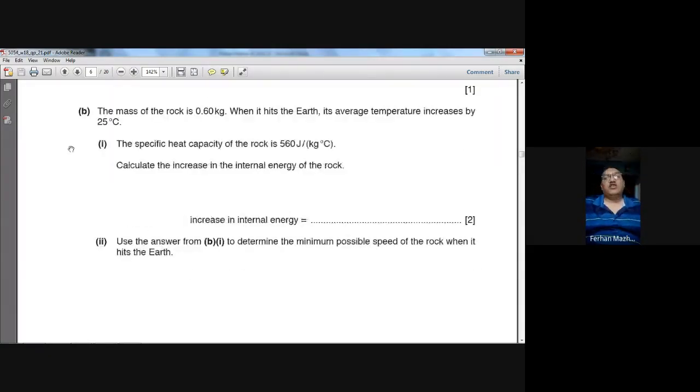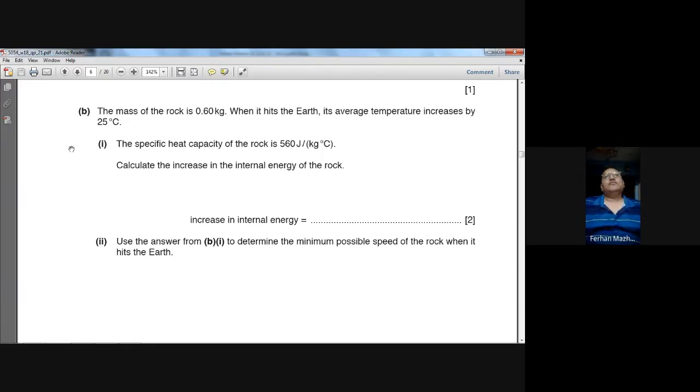B part of question number 4. The mass of the rock is 0.60 kg. When it hits the earth, its average temperature increases by 25 degrees centigrade. The specific heat capacity of the rock is 560 joules per kg per degree centigrade. Calculate the increase in the internal energy of the rock.